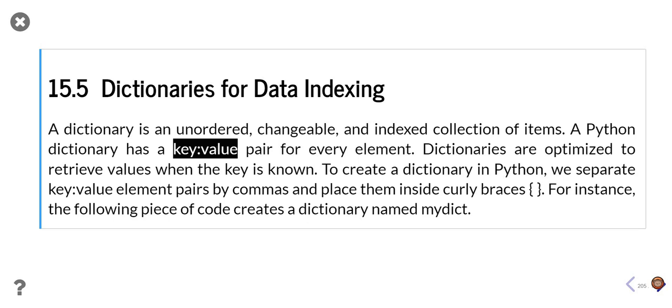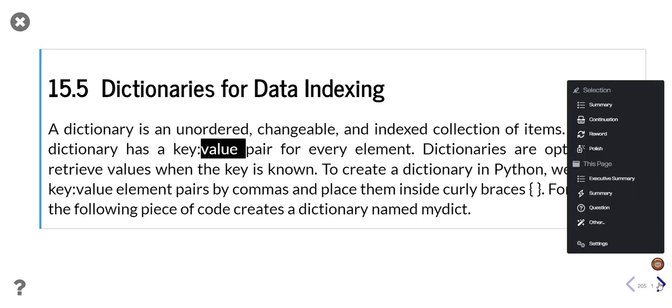The value part can be a collection of items. It can be a list, a tuple, anything. The key has to be unique for every value. You can have duplicate values, it doesn't matter, but the key must be unique.